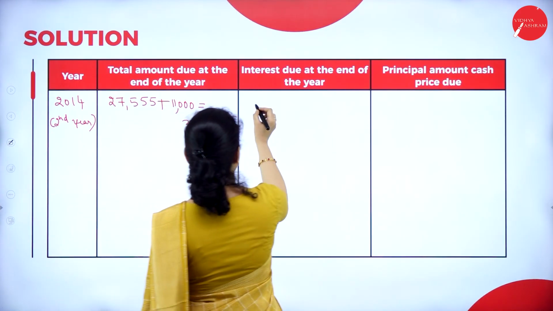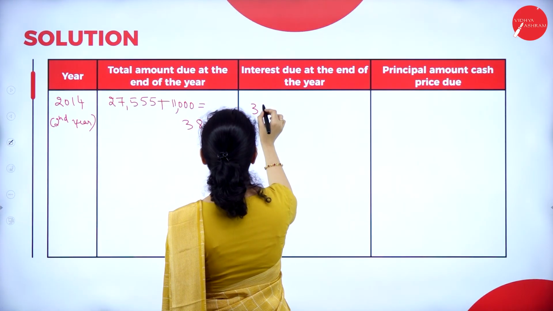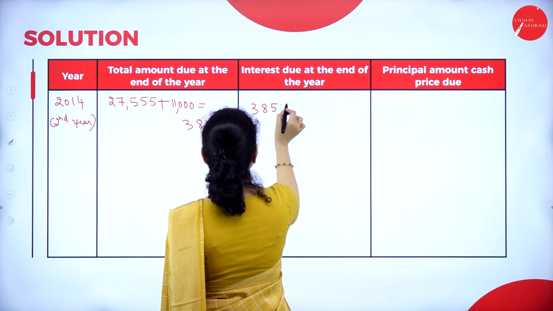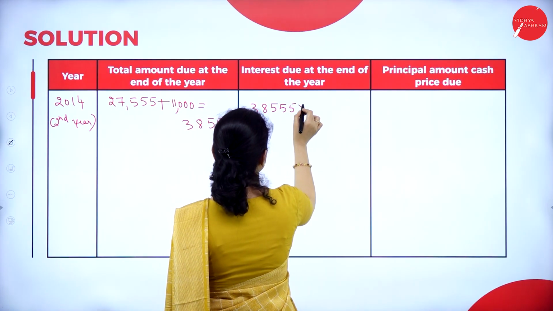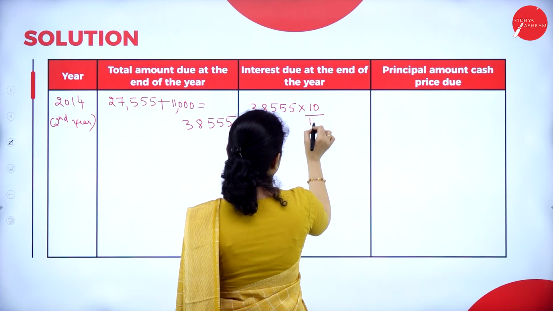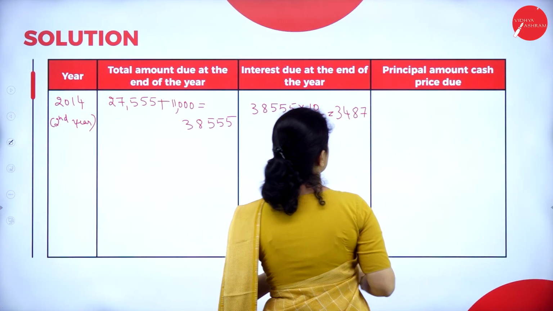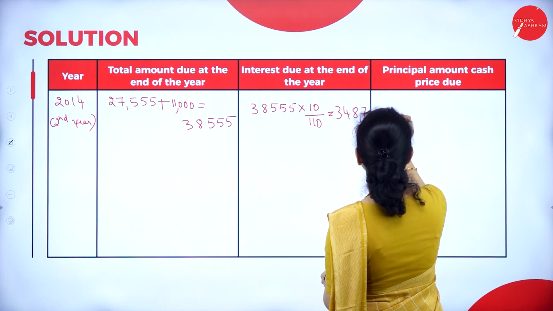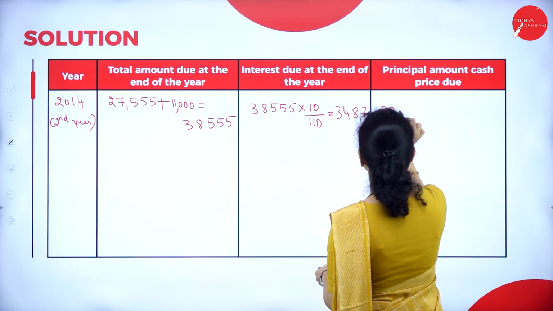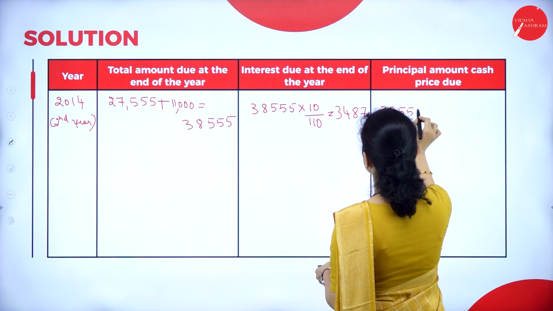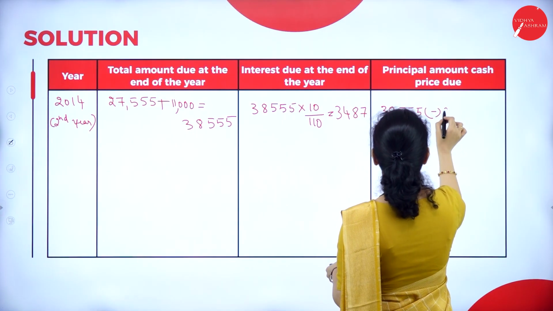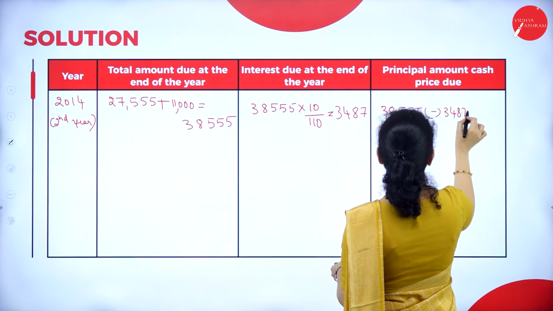Rate of interest, we will calculate the interest. 38,355 into 10 by 110, that is 3,487. Here the principal amount is 38,355 minus 3,487, that is 34,868.